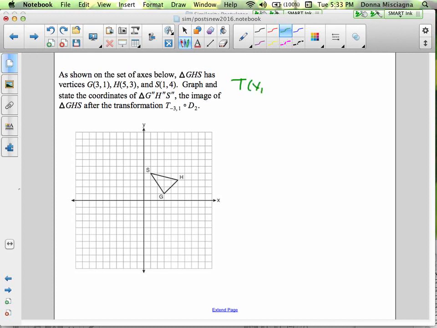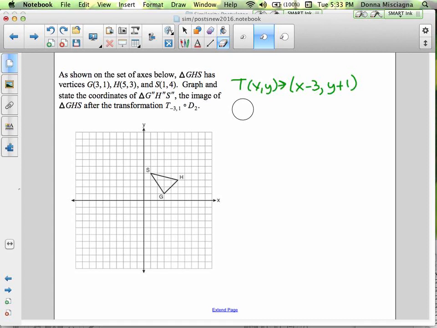So (x,y) goes to (x minus 3, y plus 1), and then we have a dilation with a scale factor of 2. So (x,y) goes to (2x, 2y).